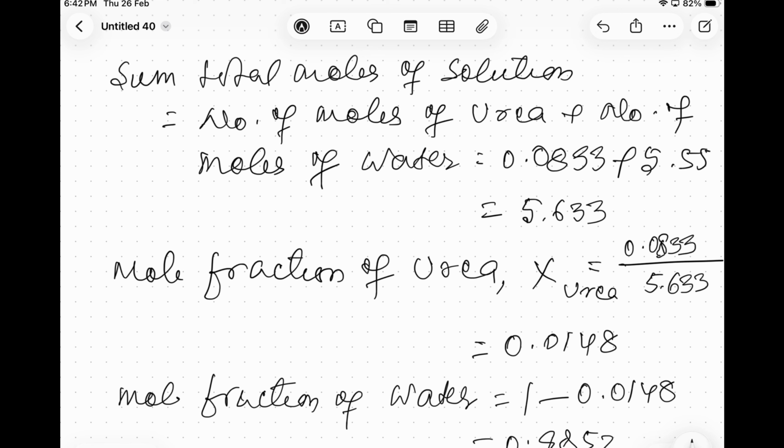So you can calculate the mole fraction of all the components by calculating one of the components.